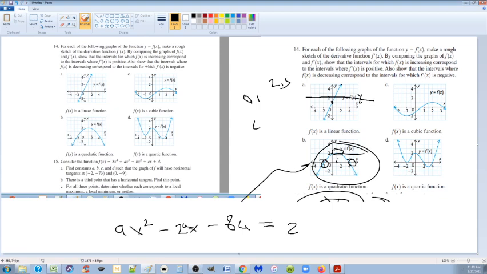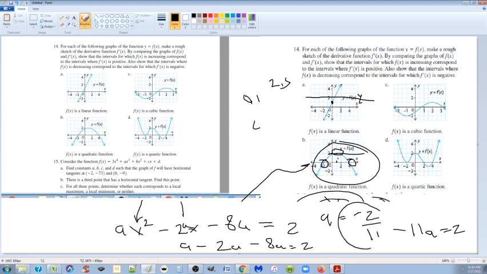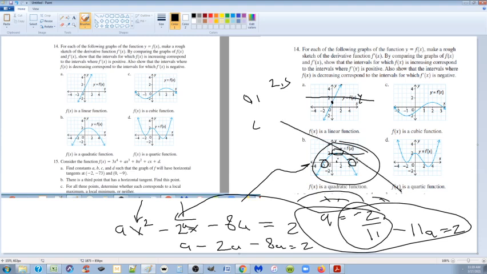So that's going to be equal to 2 when this is 1. So you get A minus 2A minus 8A is equal to 2. You get minus 11A is equal to 2, so A is negative 2 over 11. So now you have the exact formula and you can figure out the exact line. But the line I drew is pretty damn accurate.